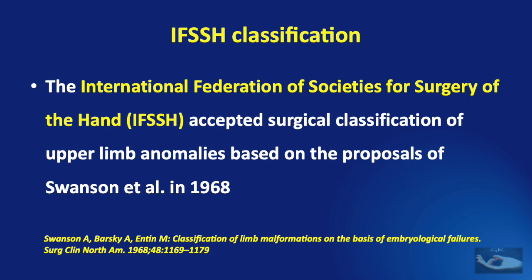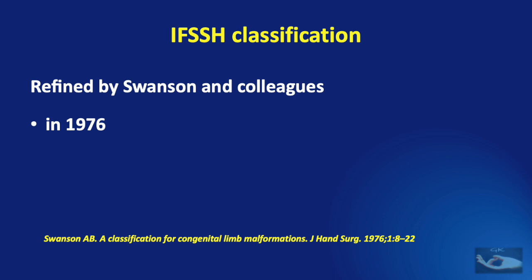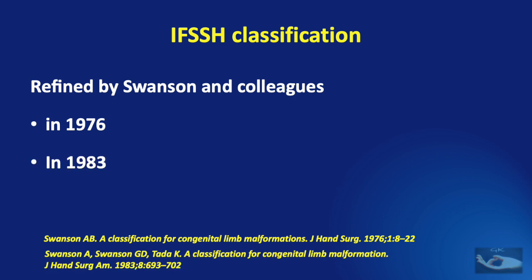The International Federation of Societies for Surgery of the Hand, IFSSH, accepted the surgical classification of upper limb anomalies based on the proposals of Swanson et al., which had been made in 1968. Swanson himself refined his system in 1976 and then in 1983.